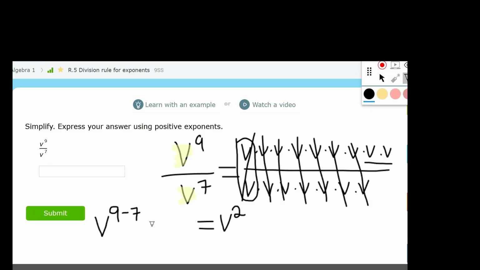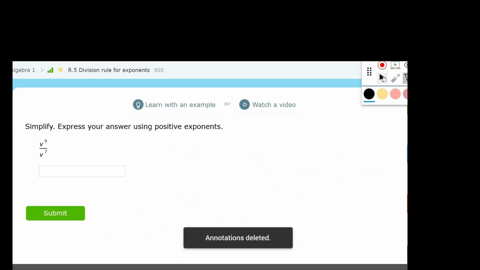And you'll notice that we get v squared. Okay? So that's another way of thinking about it. That's a shortcut way of thinking about what we're really doing here. So let's put that in.